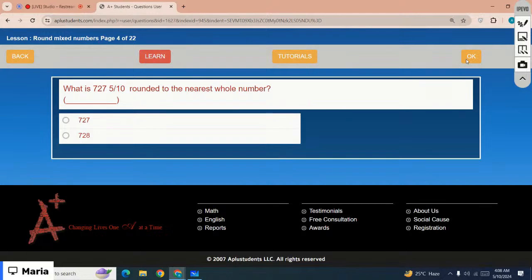Right? What is 727 5 by 10 rounded to the whole number? So, which is the correct option? The fractional part is 5 by 10. That equals exactly half. So, whenever you have the fractional part that is equal to half or more than half, right?